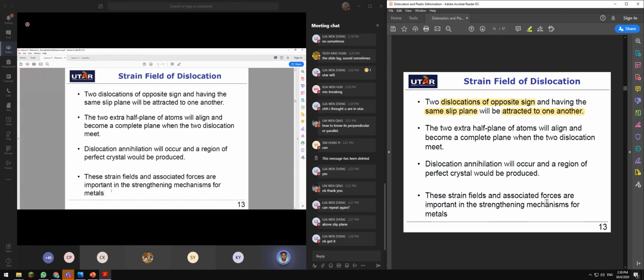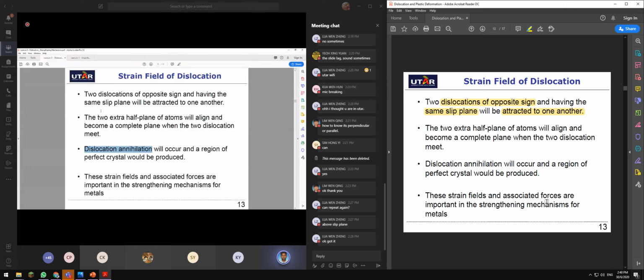Towards its yield strength, the material tends to have plastic deformation, right? The curve will go in this direction, and then plastic deformation, and finally the stress required to break is higher, because after plastic deformation, most of the planes start dislocation annihilation.